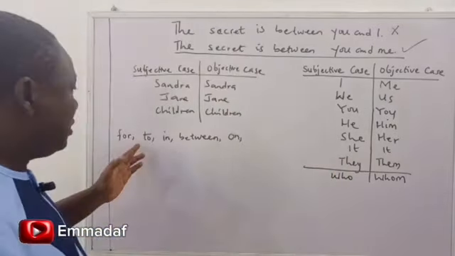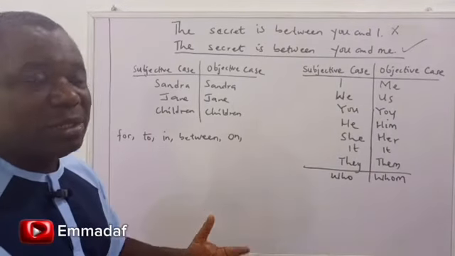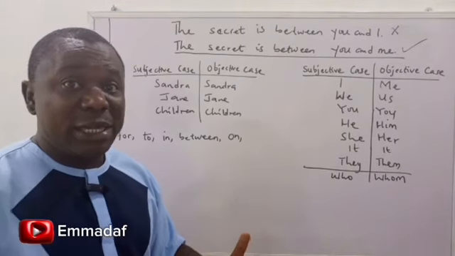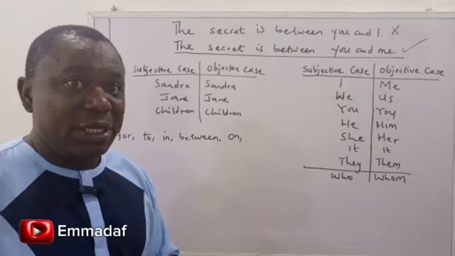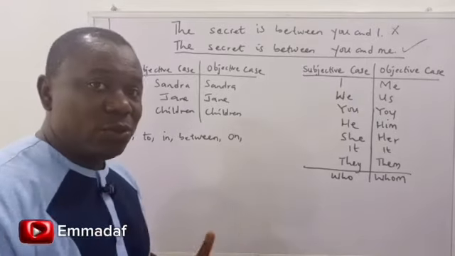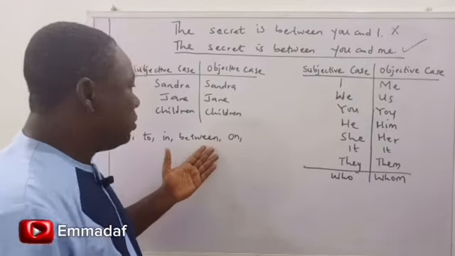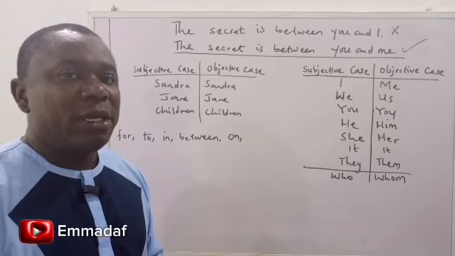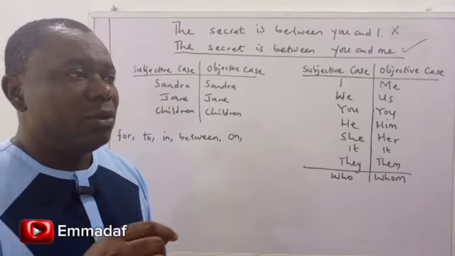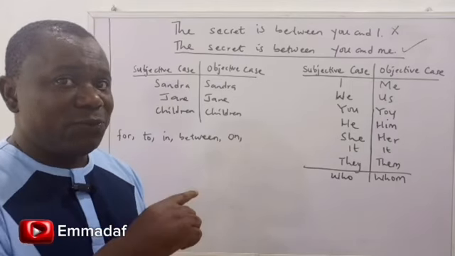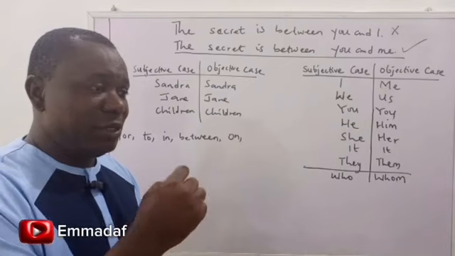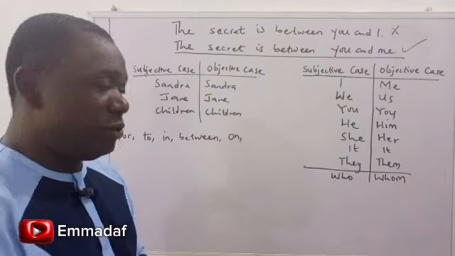Now, these words are prepositions, and there are many more words that function as prepositions in English, but let's just work with these examples. So these words are prepositions. Now, a noun or a pronoun that follows a preposition is the object of the preposition.